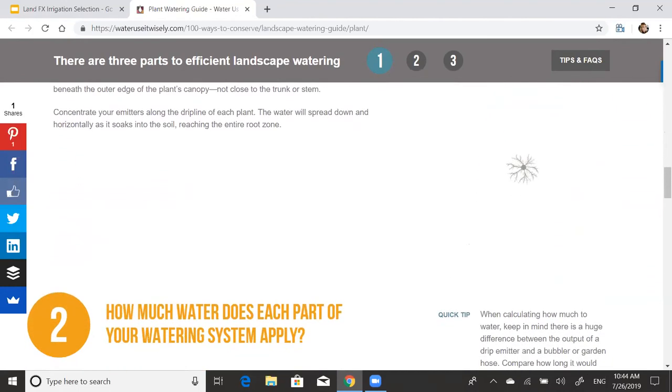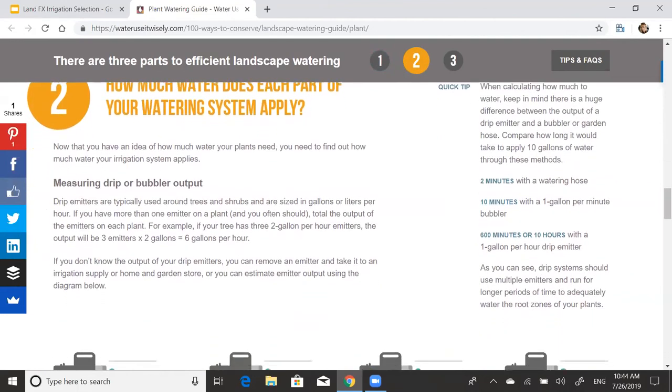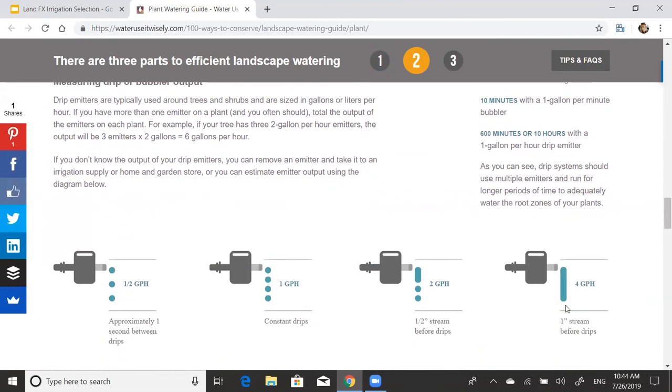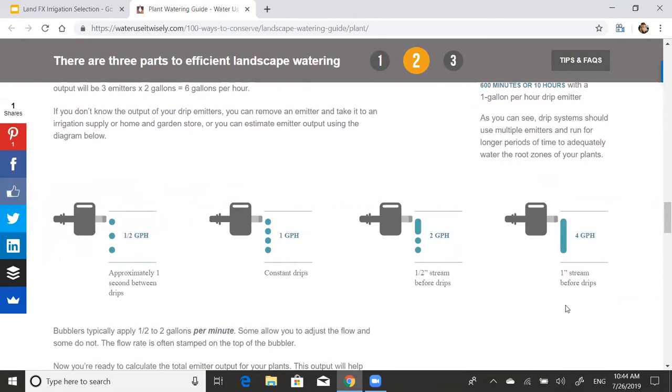The thing that I wanted to show all of you that I really liked, and that sometimes people don't know because they've never been around drip, is that when you look at a 1/2 gallon per hour emitter, a 1 gallon, a 2, and a 4, this is what the stream will look like. If you get a 1/2, it's putting out drop, drop, drop, and it gets to be more droplets.